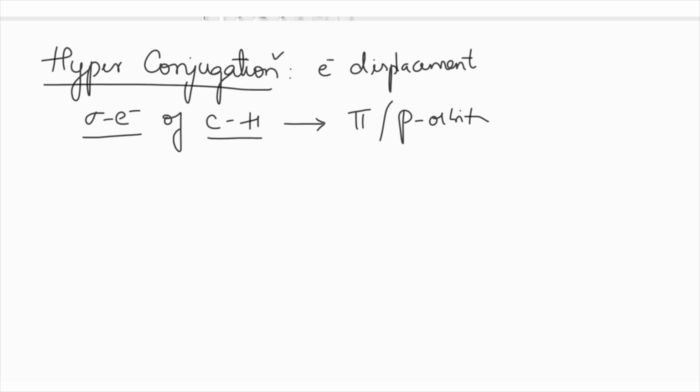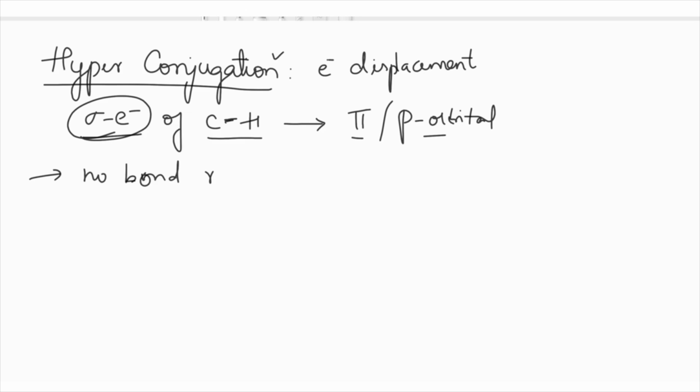The C-H has to be attached to either a pi bond or a p orbital. Then we observe the sigma electrons shift or delocalize from the C-H to the pi bond. Such an effect is called hyperconjugation, or it is also called no bond resonance.